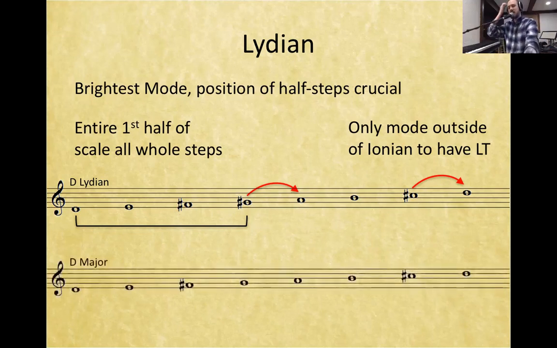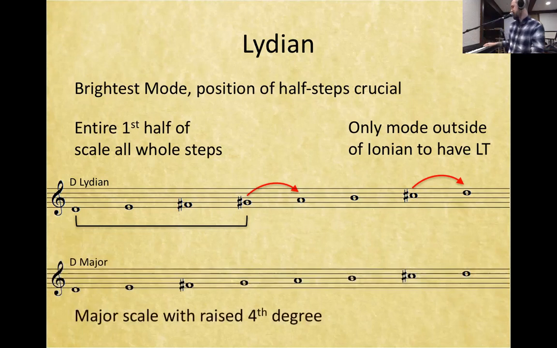Real unique. And of course, if we compare that to D major, do, re, mi, fa, do, re, mi, fi. Again, such a difference in sound between major, do, re, mi, fa, sol, versus Lydian, do, re, mi, fi, sol.